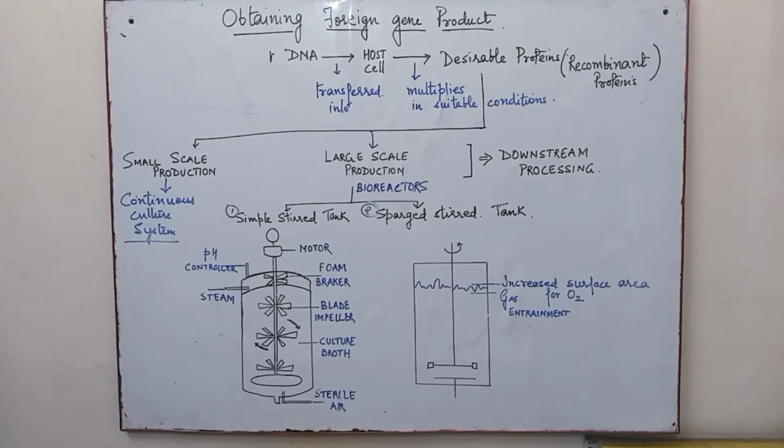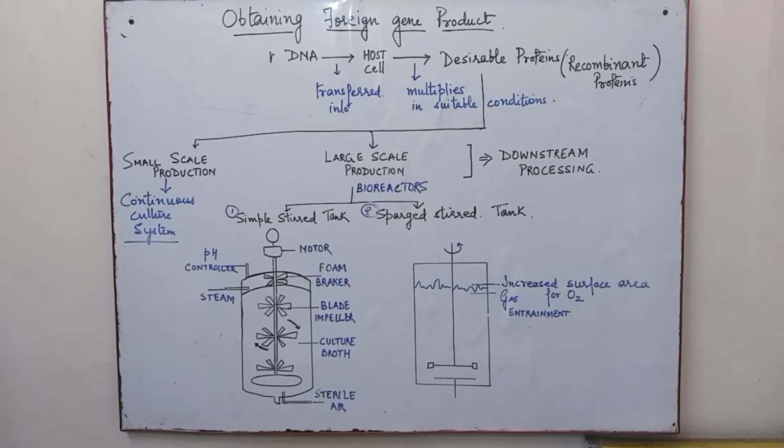Here we are using the transgenic cells, that is the cells carrying the rDNA or the foreign DNA, to make specific products, and we can obtain various products like enzymes, antibiotics, growth hormones. So there are various products which can be obtained in the bioreactors.